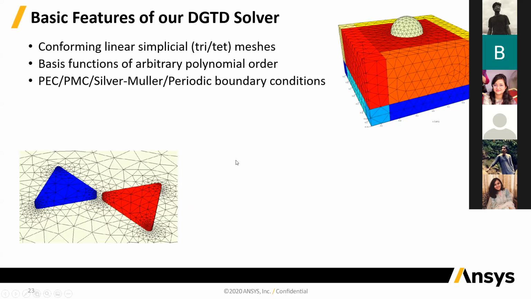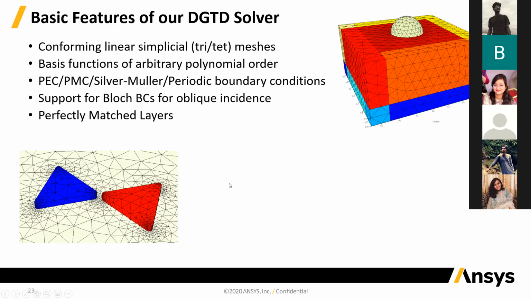The DGTD solver has most of the basic features that come with FDTD. So it has PEC or PMC boundary conditions. It has the absorbing boundary condition as well, and then Bloch boundary condition for when you're incident with light at an angle. So it has all the necessary features for most simulations, as well as the absorbing or PML boundary conditions.